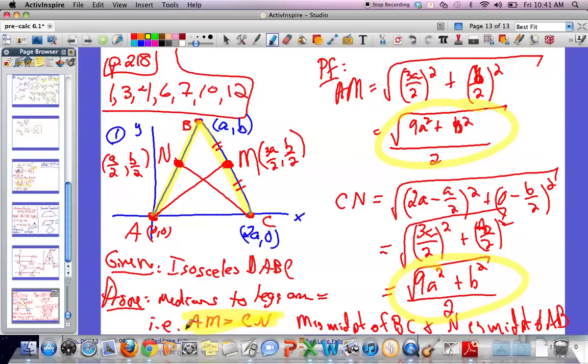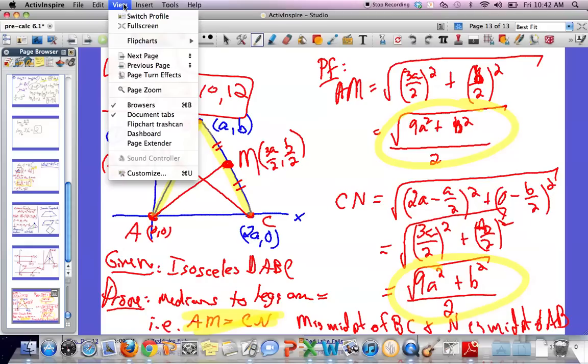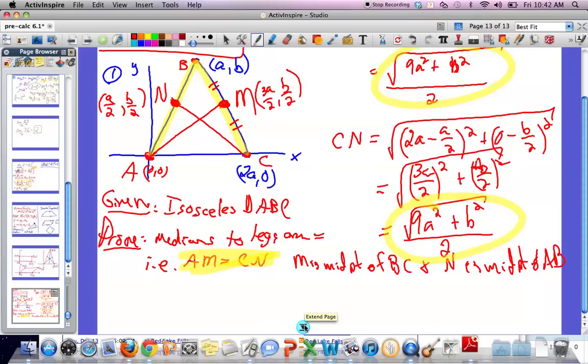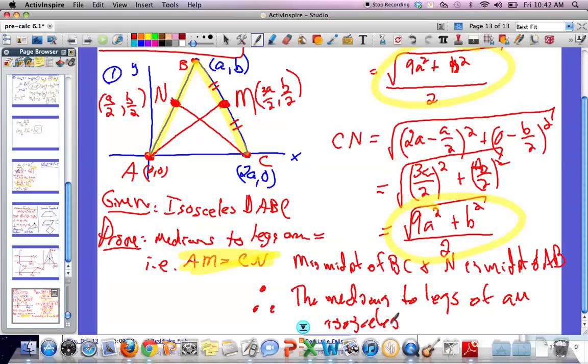We just proved that A to M equals C to N. So we conclude our proof by saying, therefore, the medians to the legs of an isosceles triangle are equal. That's our proof.